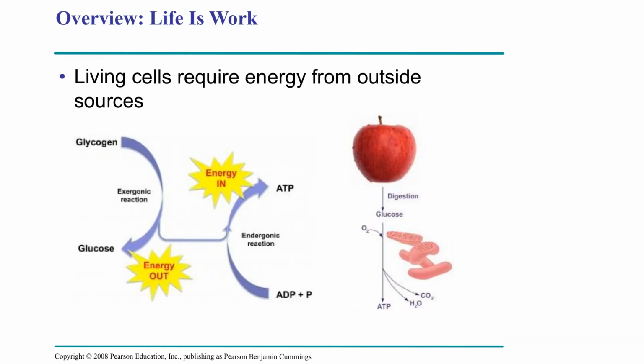So I love this. Life is work, right? Totally. But living cells are going to require energy for them to be able to do the work that keeps our cells functioning. And for the great majority of life on Earth, this comes from the chemical bonds that are stored in food. Now, if we were plants, we would be making our own food.